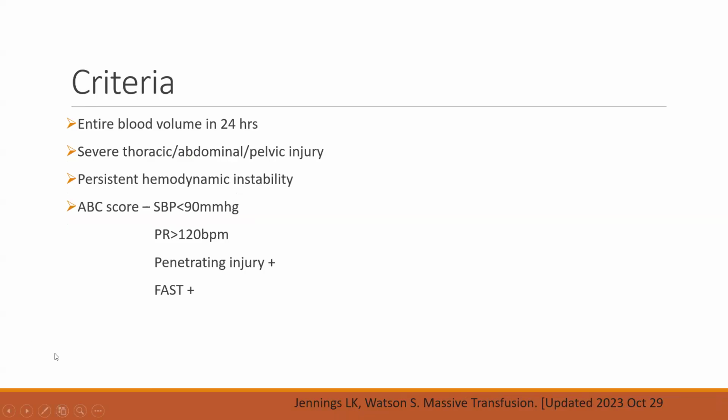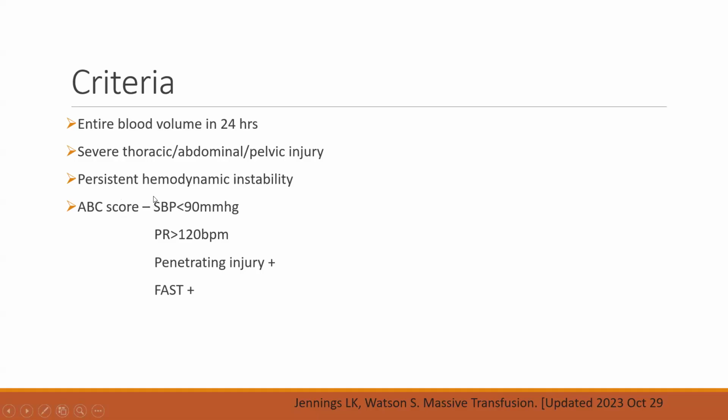The first condition is patients who are likely to need replacement of their entire blood volume in 24 hours, having at least one injury like severe thoracic injury, abdominal injury, or pelvic injury, with persistent hemodynamic instability, and an ABC score of 2 or more. ABC means assessment of blood consumption.